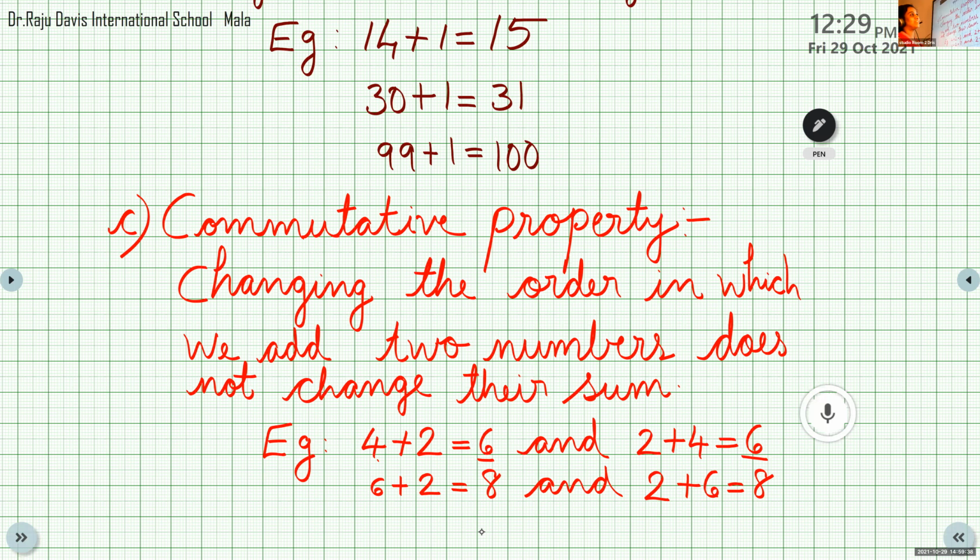Once more add. 101. Okay, 101. And we can change the order. How to change? 2 plus 99 is equal to 101. Okay, so all of you make your own one example. Please write.